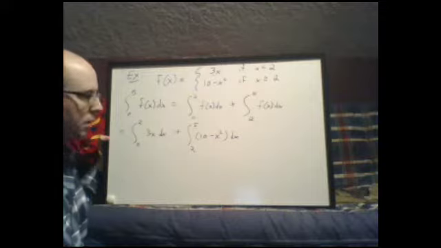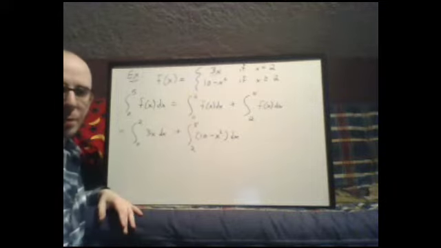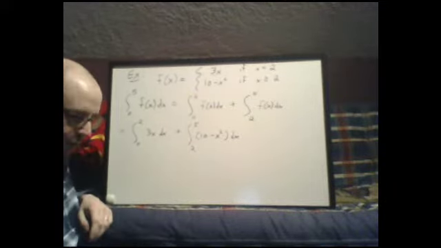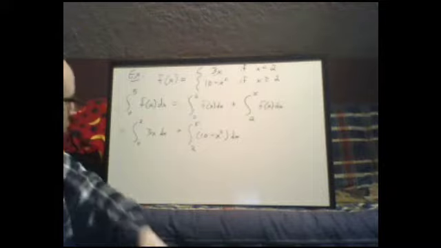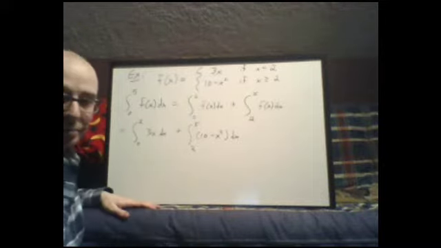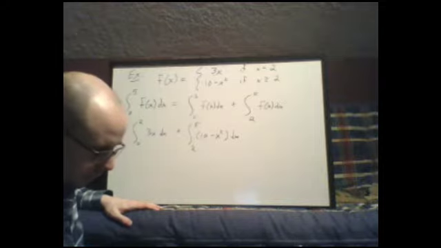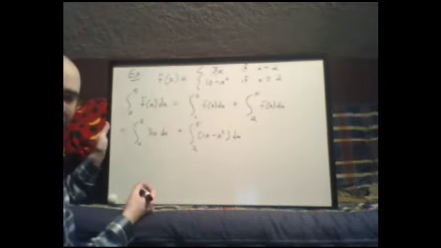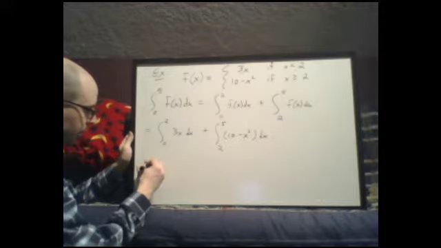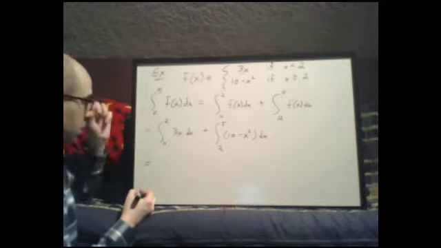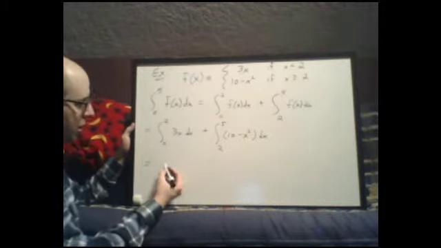Okay, now we essentially have two integral problems. We do them separately and then just add them together and we get our final answer. So let's go ahead and do it since we haven't done that many examples yet. But I'll have to erase somewhere along the way.